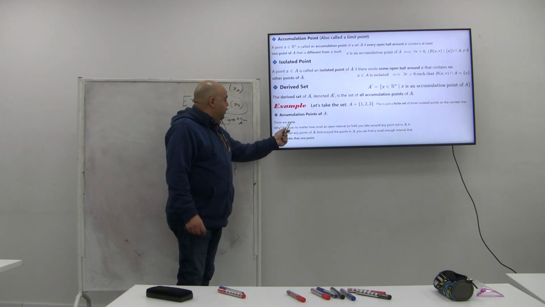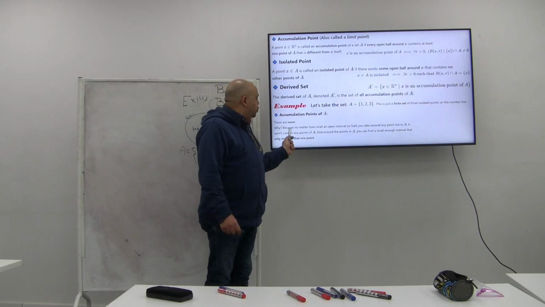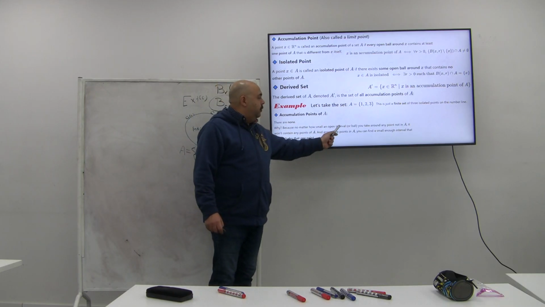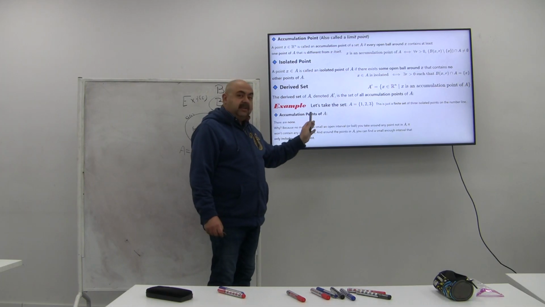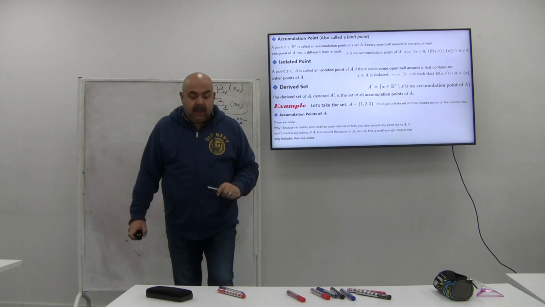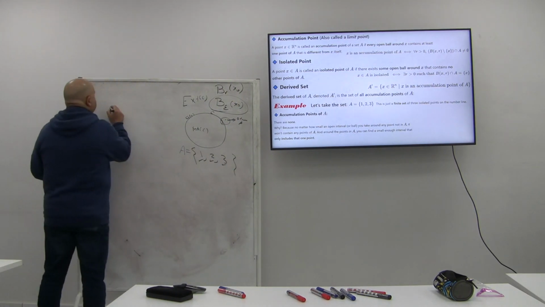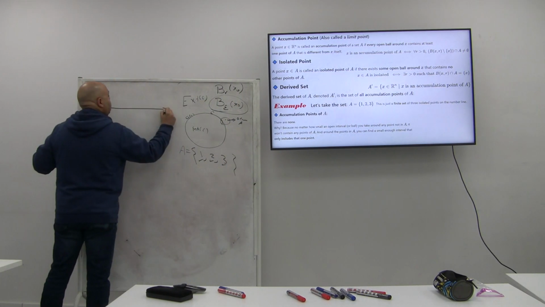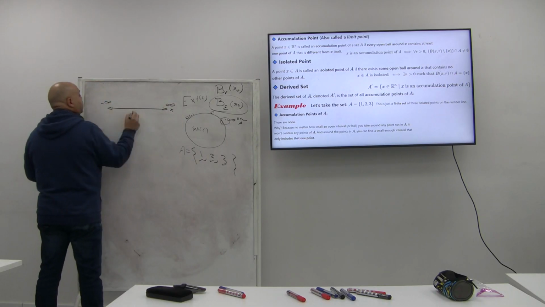So there are no accumulation points. Why? No matter how small an open ball or interval is, it will never share points with the values 1, 2, and 3. If you want more clarification, let me draw this. This is the number line, with positive infinity and negative infinity.